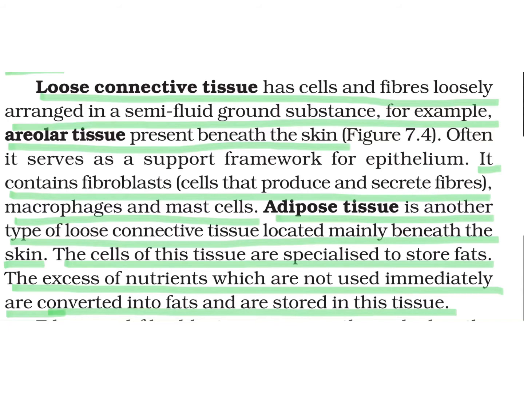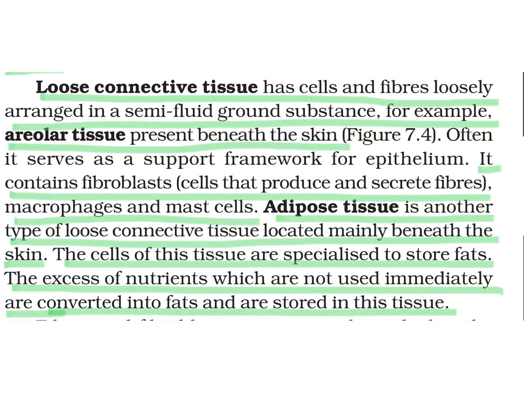So here the cells and fibers are loosely packed. For example, areolar tissue, which is present beneath the skin. This is an important tissue, you have to remember it, and it is given in figure 7.4. We'll see it afterwards. Often it serves as a support framework for epithelium.